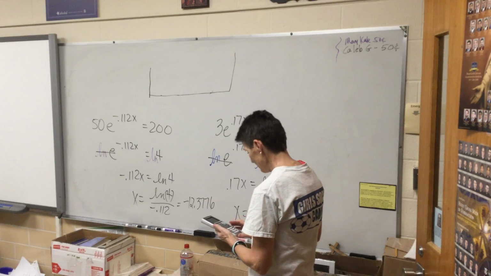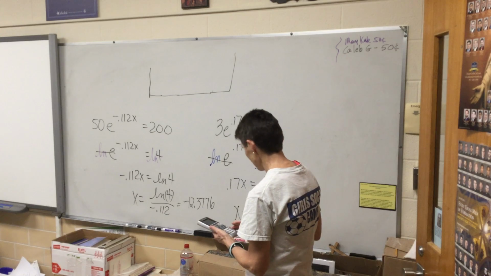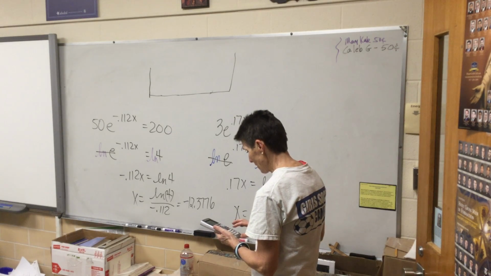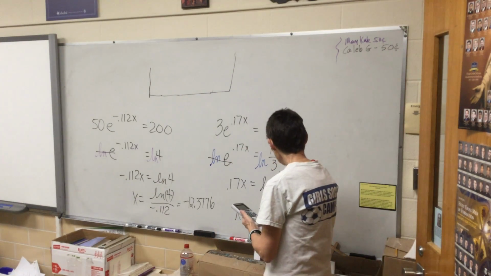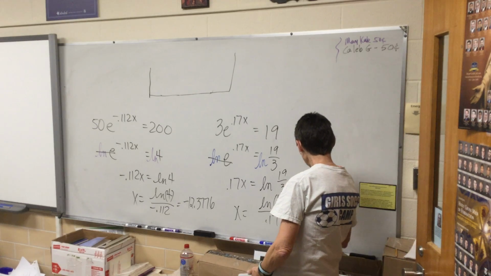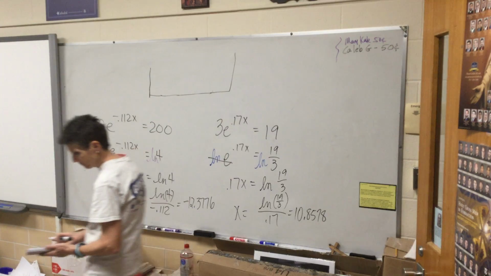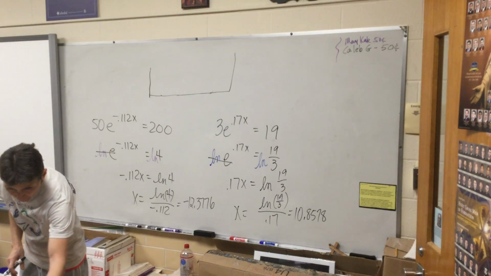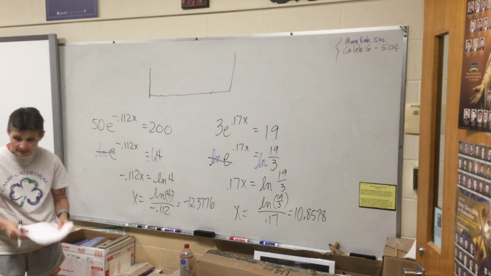So ln 19 divided by 3, close parentheses, divided by 0.17. And I got 10.8578. Does that look all right to everybody?